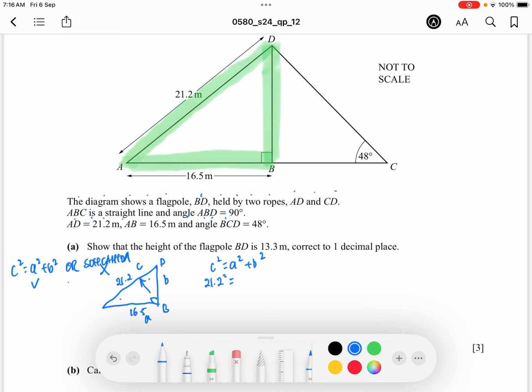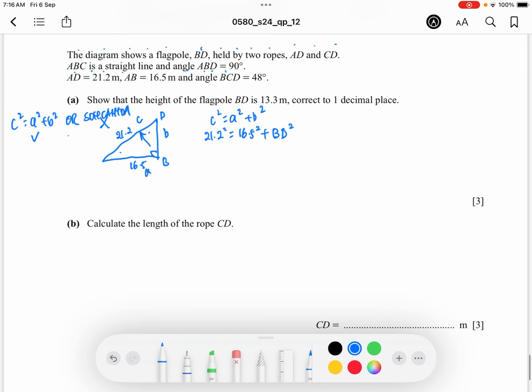Don't think of solving yet. Substitute first. a is 16.5 squared. b is the side that we are given. You don't need the diagram anymore. Minus 16.5 squared on both sides.